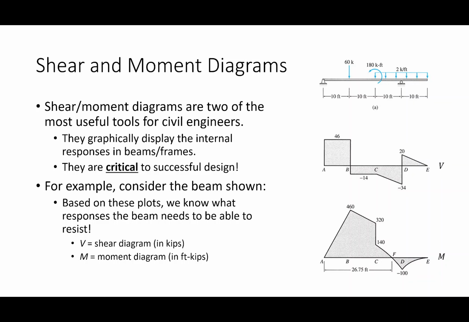The reason why they're valuable is for design. In a moment diagram, I would take the worst case scenario, in this case, let's say 460, and I would say I need to select a beam, whether it's made out of steel or aluminum or whatever, with a certain material and a certain size that's strong enough to resist that much moment, okay?